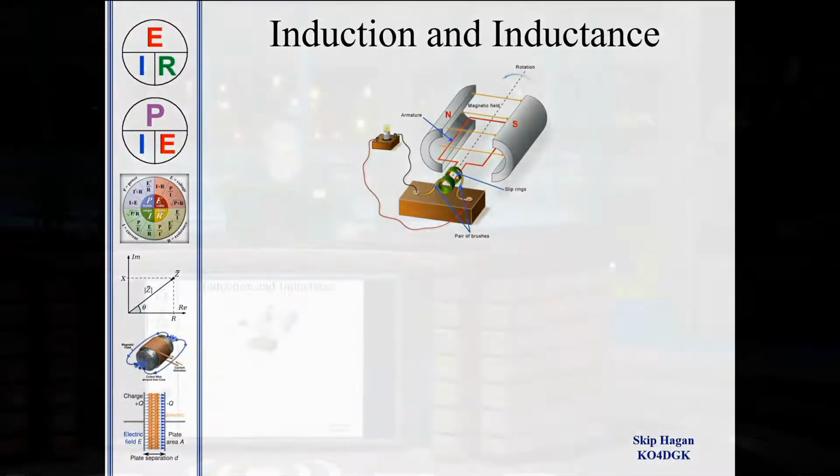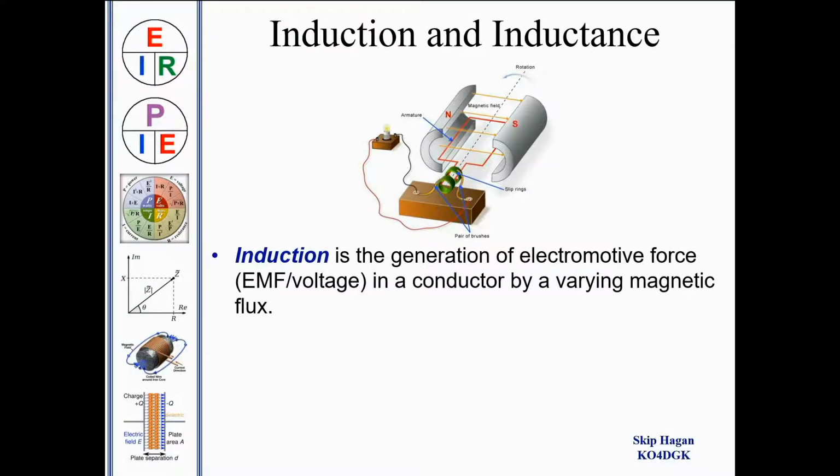So what's going to happen here is, as we rotate that coil of wire in that magnetic field, the coil of wire is going to pass from the highest magnetic flux into a much weaker magnetic flux. So when that coil has rotated 90 degrees from where it is right now, we will be at the minimum magnetic flux, and our voltage will be zero.